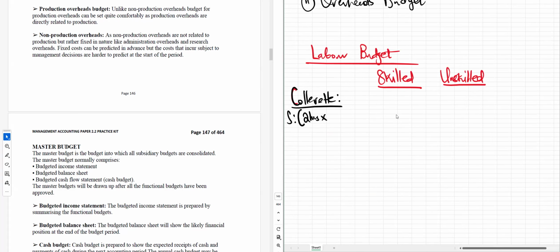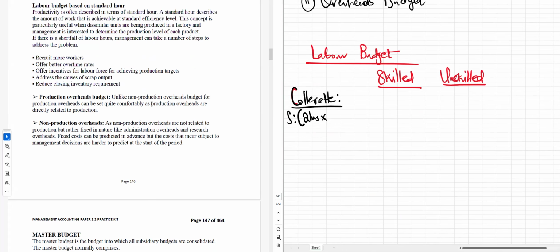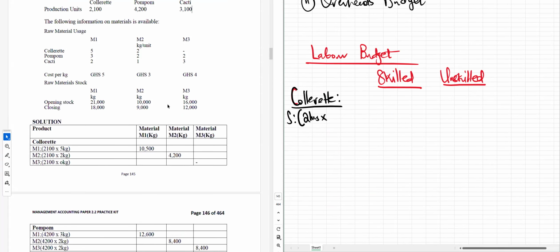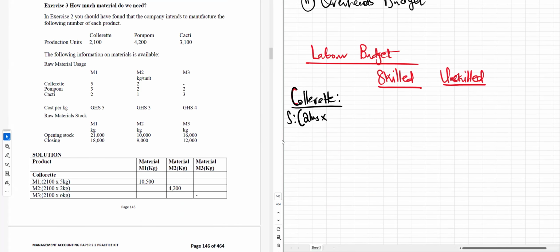But how many units were we producing for colorate? 2,100. Remember, it's always based on production units, just like raw materials was kg by production. All the other ones depend on the production unit.